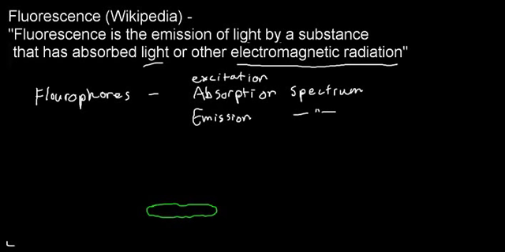You can't excite a fluorophore molecule with any wavelength of light. It's specific for every molecule. Let's just say this specific molecule can be excited with blue light and would emit, let's say, green light. This is a specific character of this fluorophore, and that's really what we're looking at understanding. We're going to talk a little more at length about absorption and emission spectrums later on.